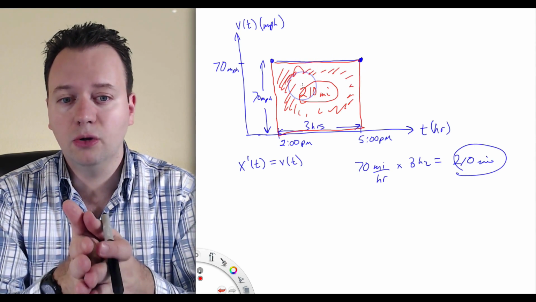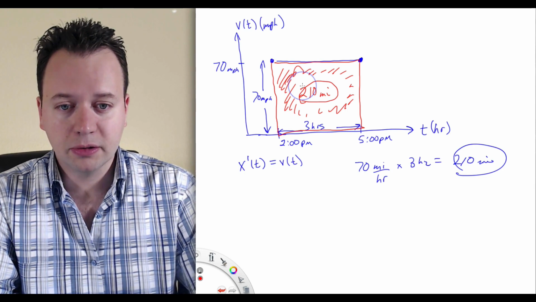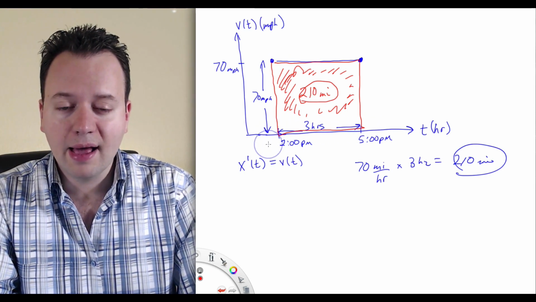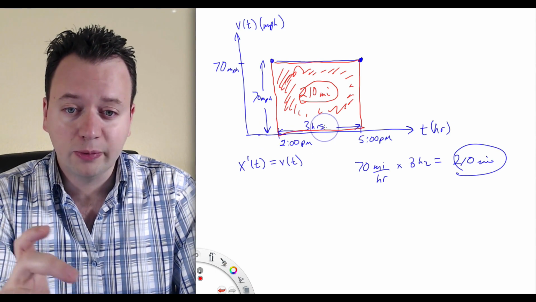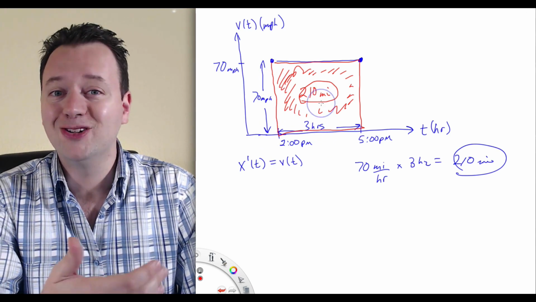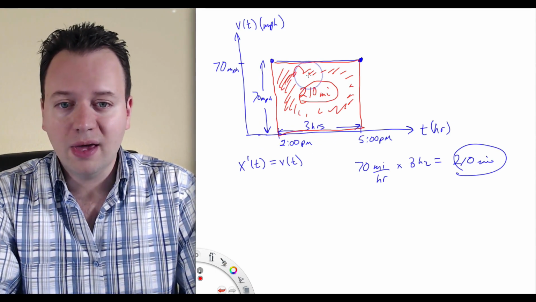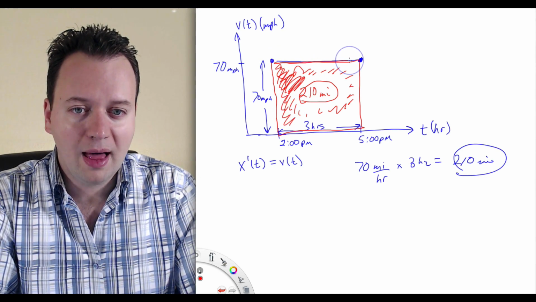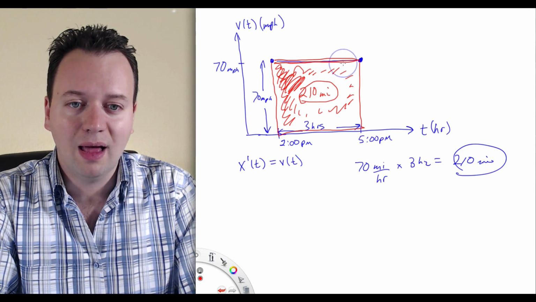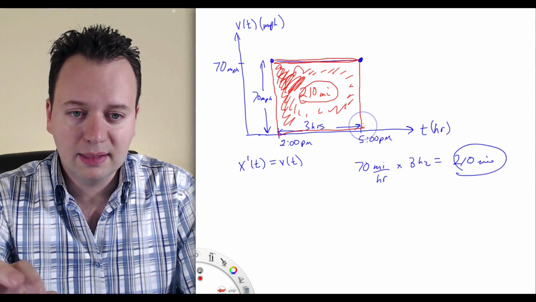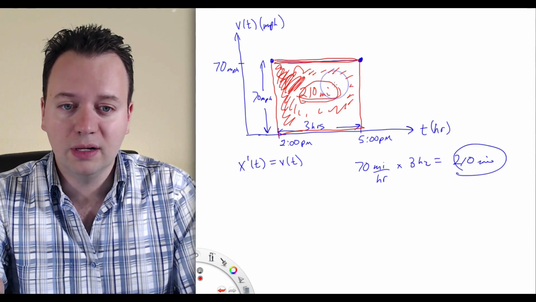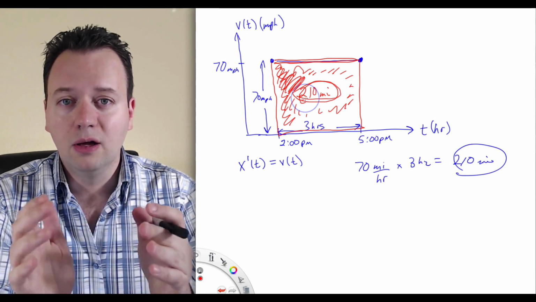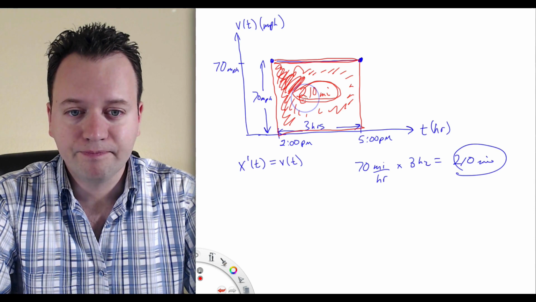Well, that's because the width of it has units of hours down here on the horizontal axis, and the height has units of miles per hour. So when I multiply hours with miles per hour, I just get simply miles. So the area underneath this line, the area between the line and the t-axis, is just 210 miles, which is the total distance that the car traveled during that period of time.